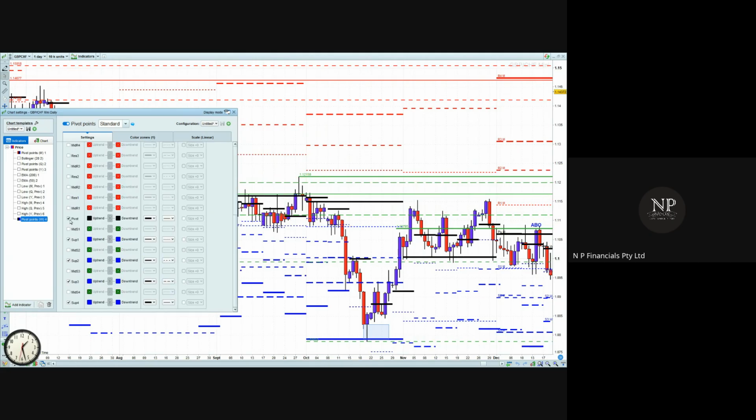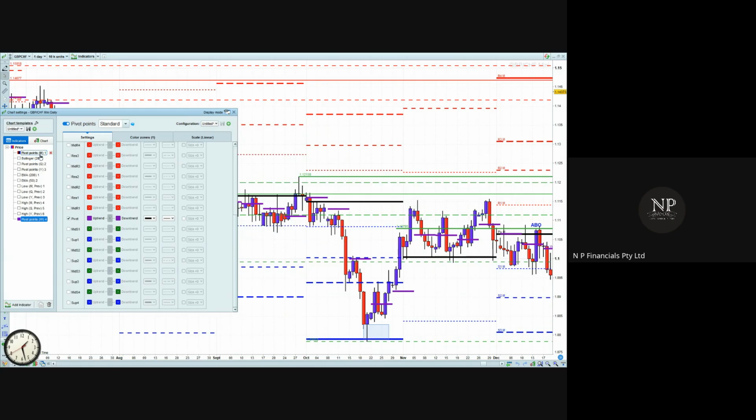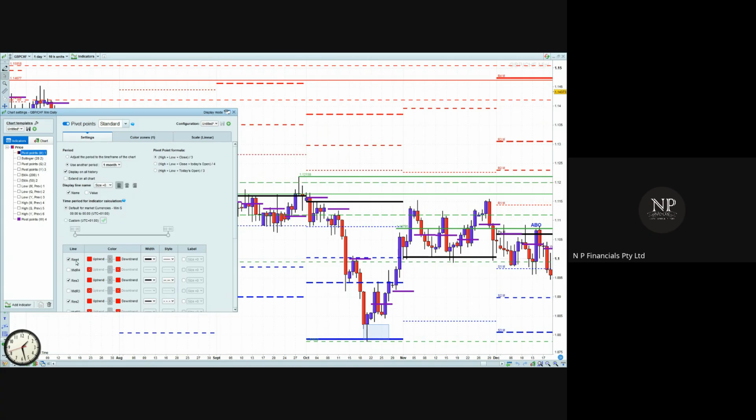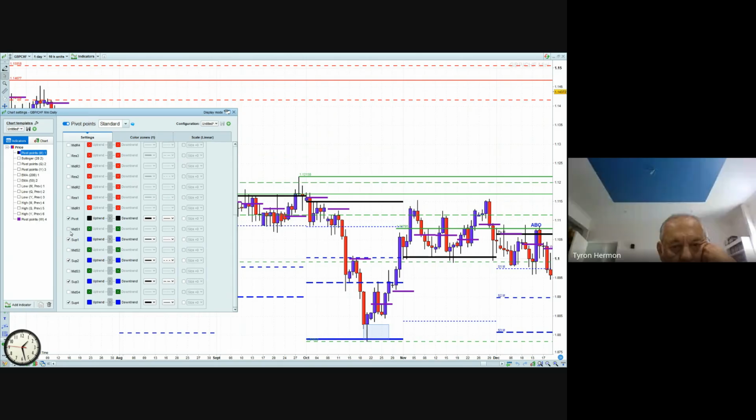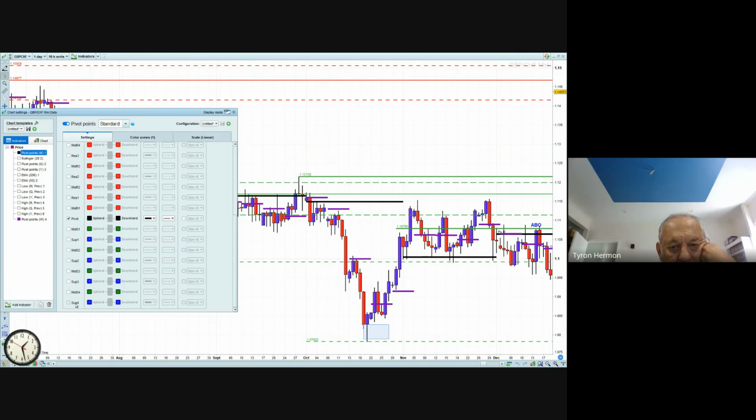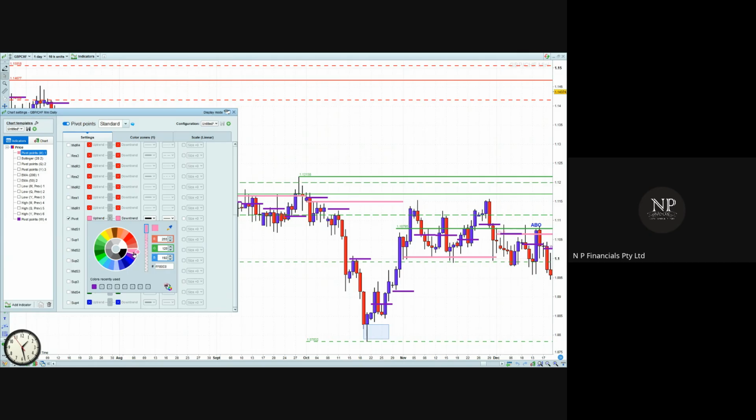I'll just keep the pivot, and then I'll make that pivot purple as I said. I take out the S1, S2, S3, S4, and here also I'll just take them out just for demonstration, otherwise the chart is taking very busy. And I'll make this pink.